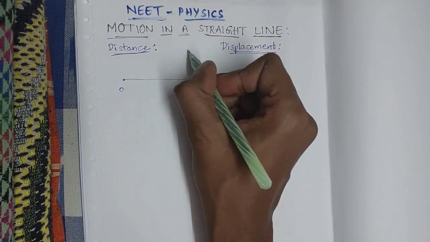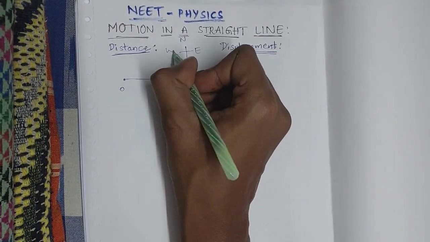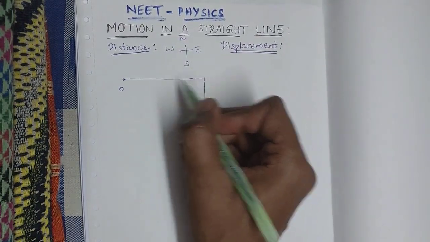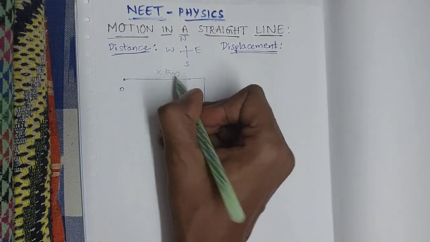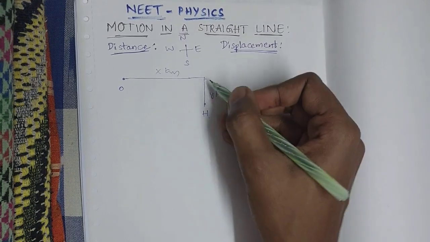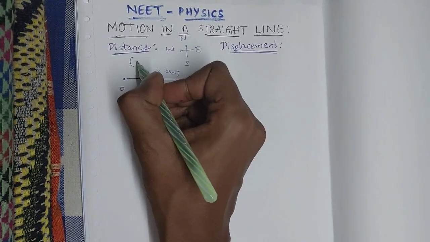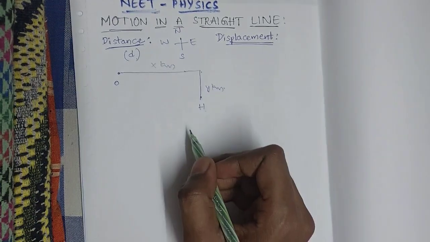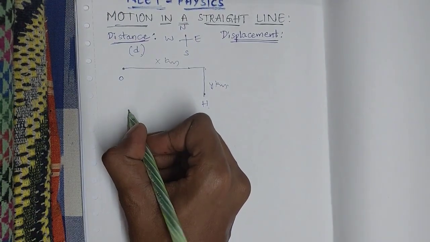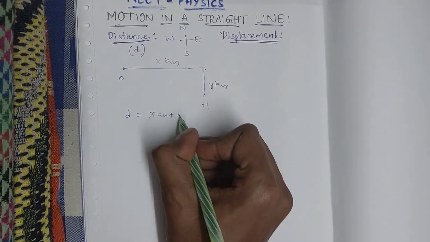Let us consider the directions east, north, south and west. Initially he traveled x kilometers east and y kilometers to the south. So the distance in physics is denoted by small d, and here the distance d equals x kilometers plus y kilometers.